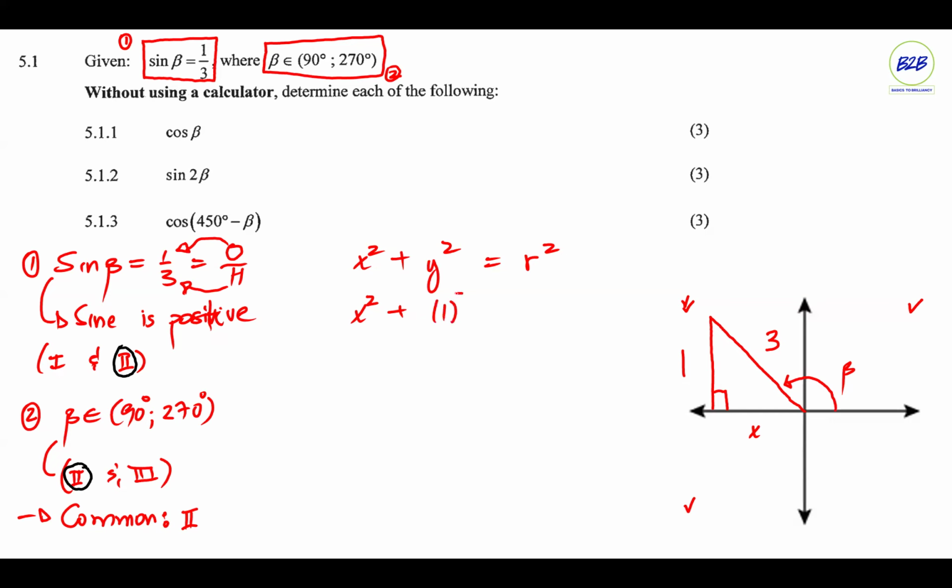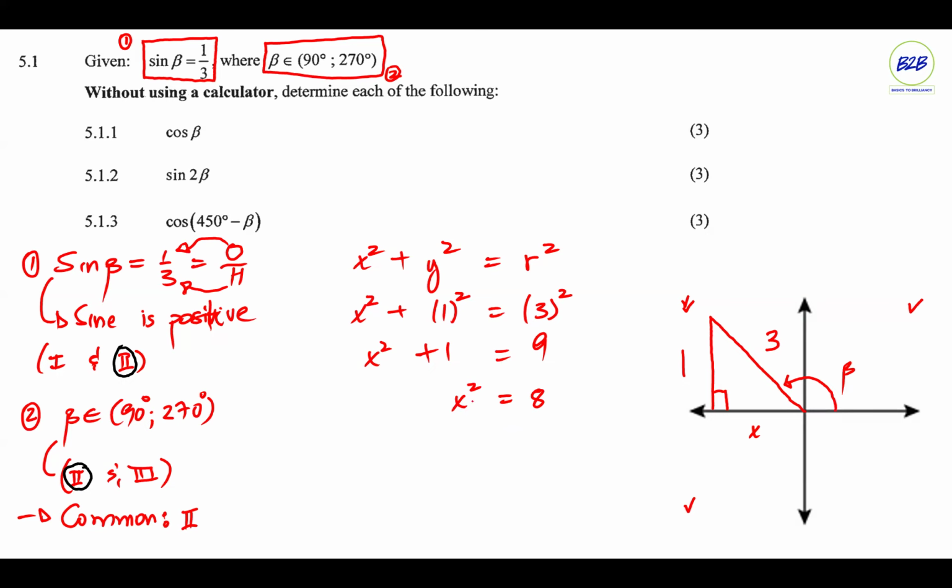We know y is 1, and we know r to be 3. And then we have x squared, 1 to the power 2 remains as 1, 3 to the power 2 becomes 9. And then we take our positive 1 to the right-hand side of the equation, it becomes minus 1. So we have 9 minus 1, which is 8.